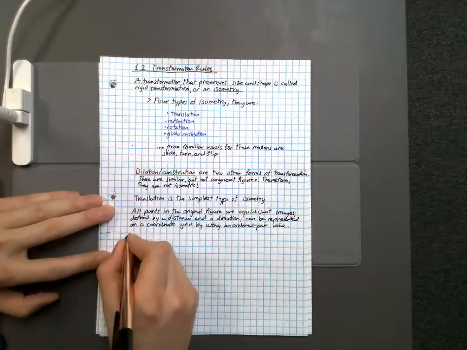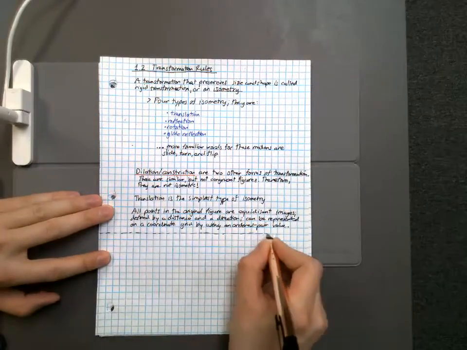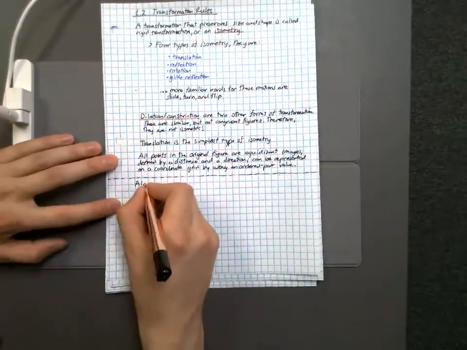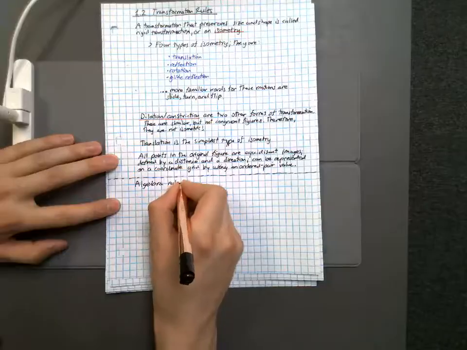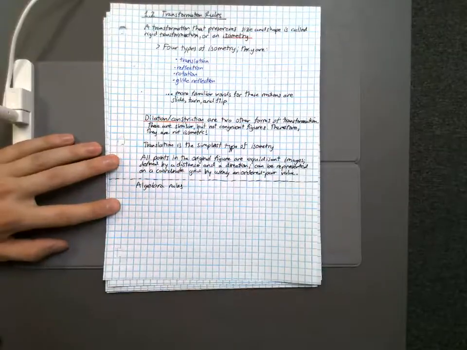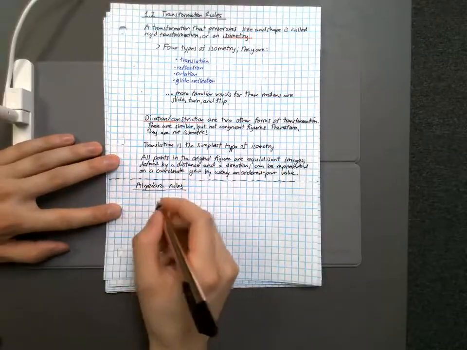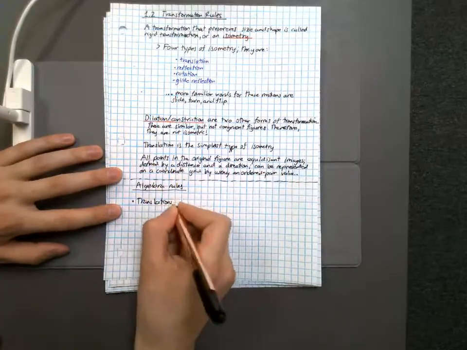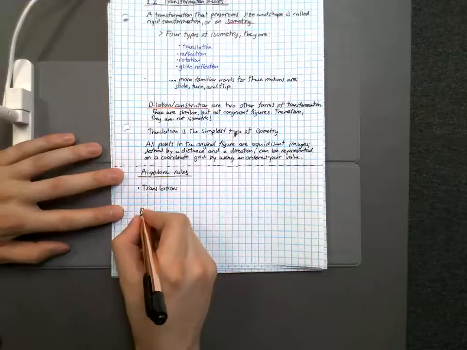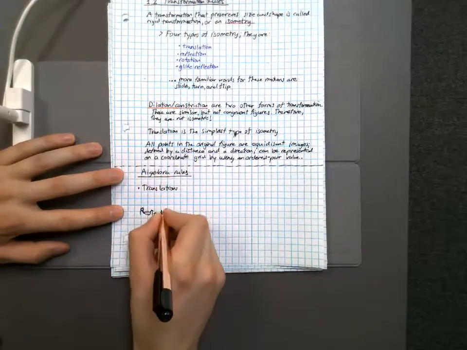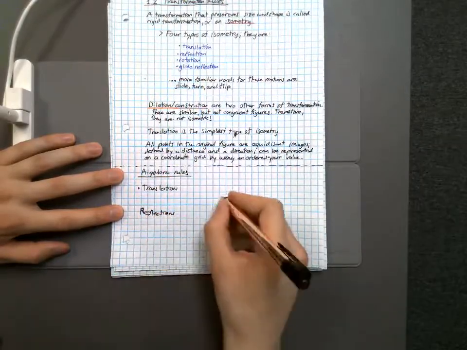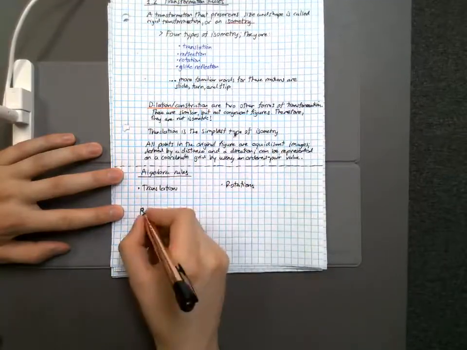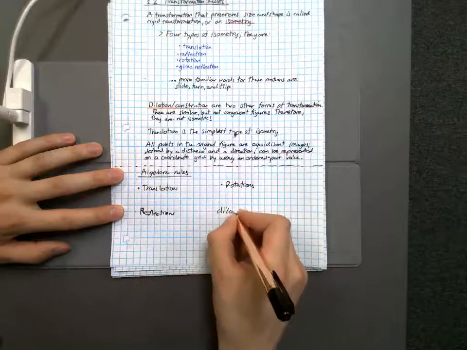Now, what I want you to do is I want you to, on the bottom of that page, put down algebra rules. And as you go through my other videos, I want you to make sure that you record the algebra rules for translations, reflections, rotations, and dilations.